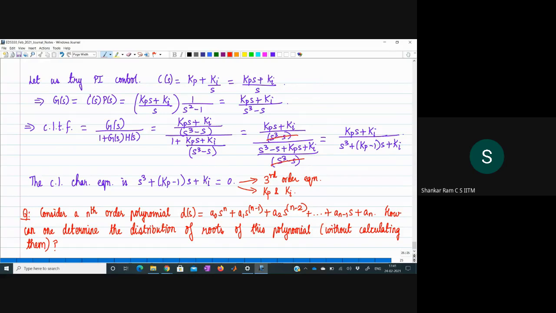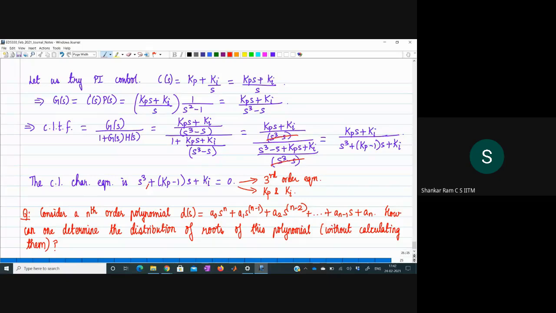That is the idea behind having a generic method from which we could analyze the distribution of roots of an nth order polynomial. The connection to our analysis is that we will be able to get the regions of the controller gains that will ensure the closed loop system is stable, if at all it is possible. So I hope the link is clear.